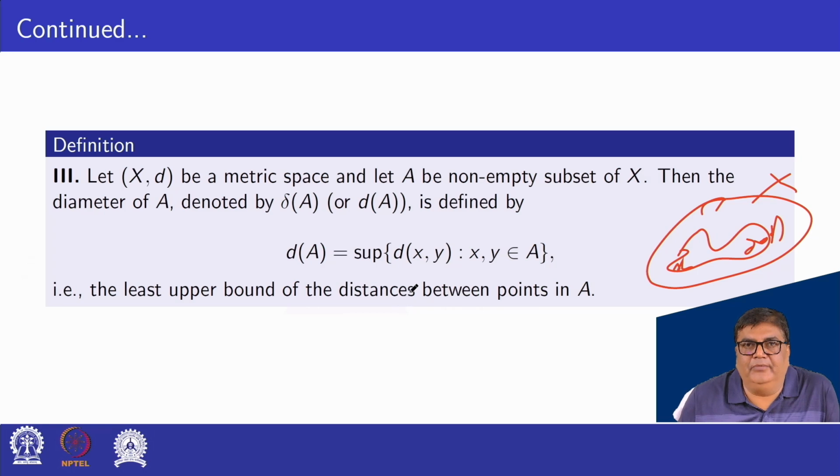So the supremum of d(x,y) such that x, y belonging to A. The supremum value is called the diameter of the subset A.